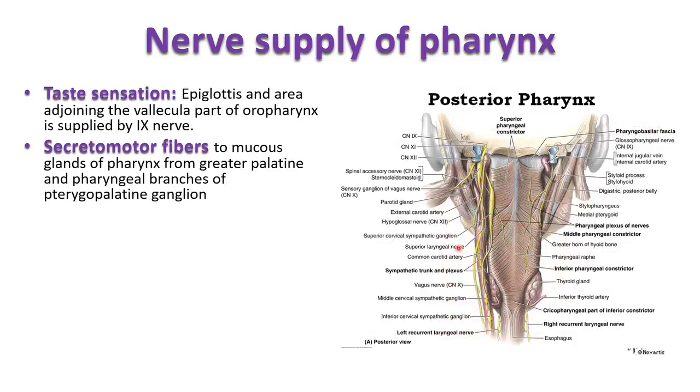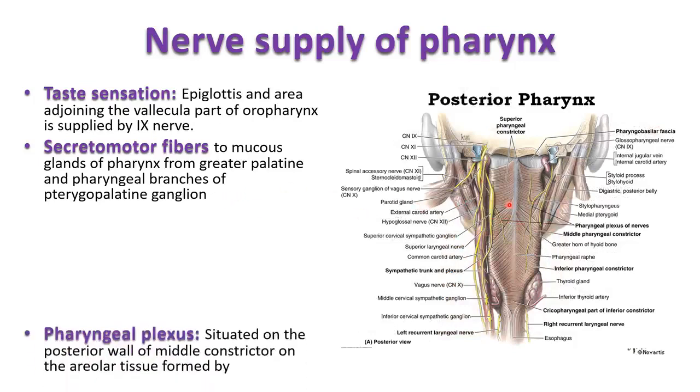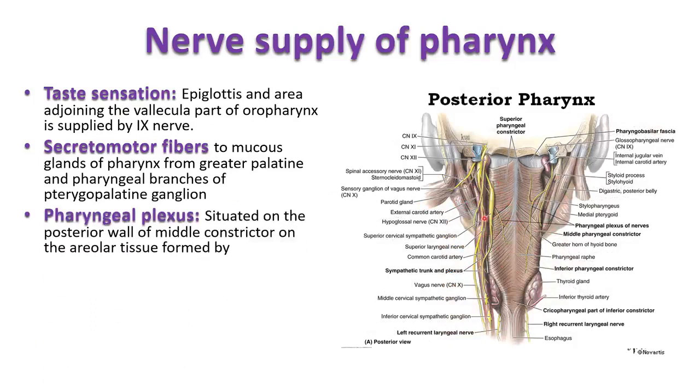So here you see the pharyngeal plexus, which is situated on the posterior wall, on the buccopharyngeal fascia, on top of the middle constrictor muscle. Mostly it is seen on the middle constrictor muscle of the pharynx. This plexus has a motor component, which is by the vagus nerve carrying the cranial part of the accessory nerve.